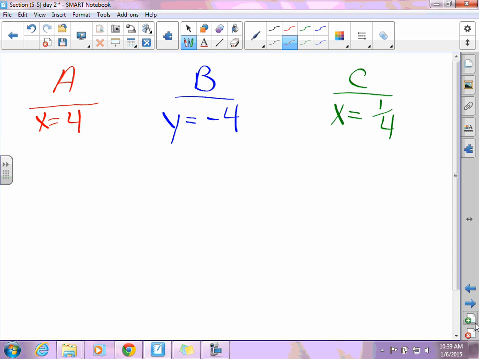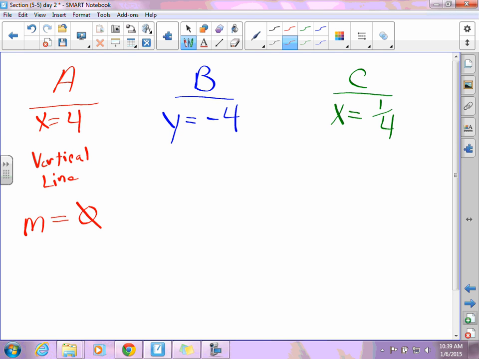Have you seen that? Yeah, it was on your last test. It was on your quiz, it was on your test, it was on your test review. And you're seeing it again, so notice how it haunts you. Take a look at B. Y equals -4. That's correct, it's a horizontal line. What's the slope of a horizontal line?